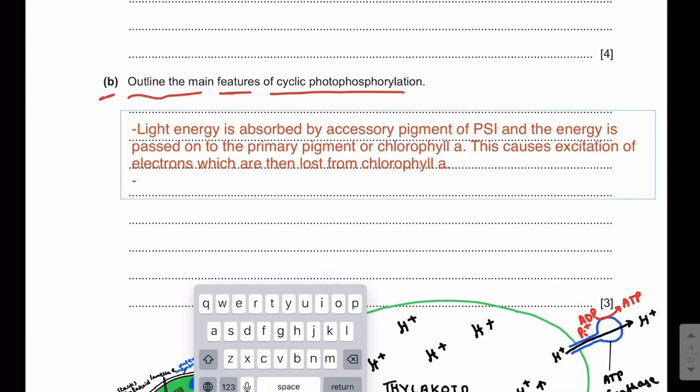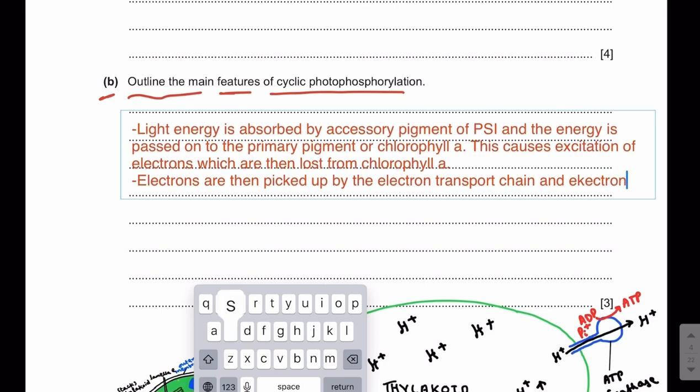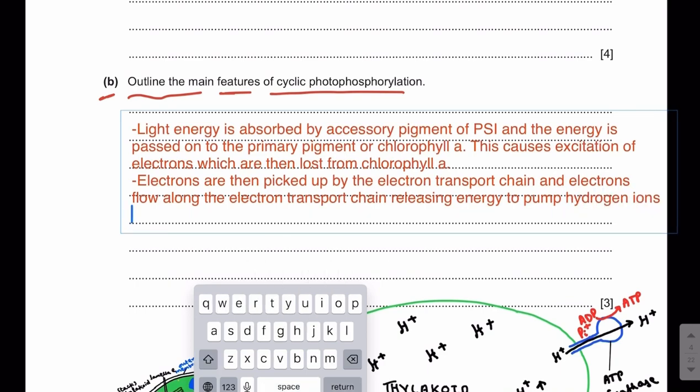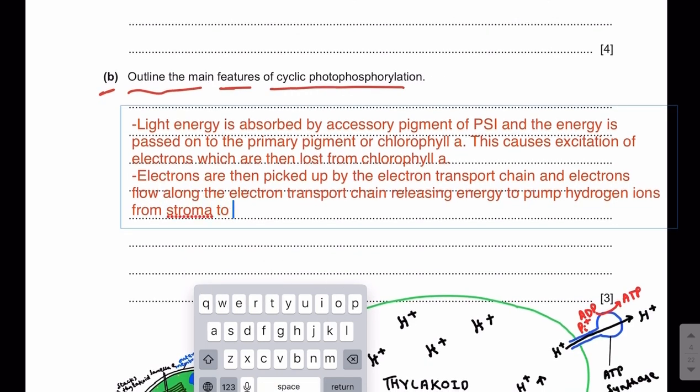What's next? Electrons are then picked up by the electron transport chain, and electrons flow along the electron transport chain, releasing energy to pump hydrogen ions or protons from the stroma to the thylakoid space.